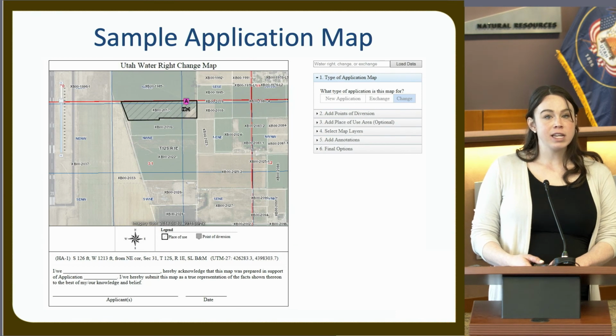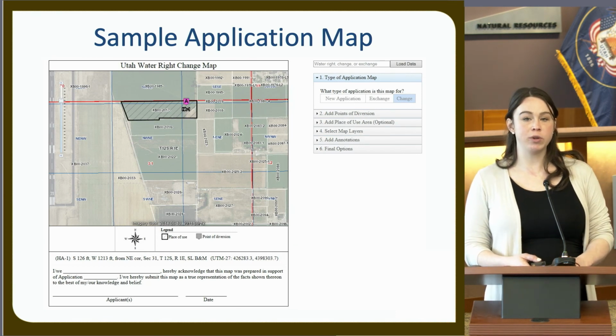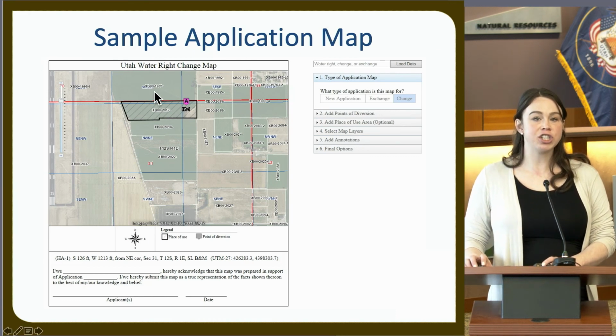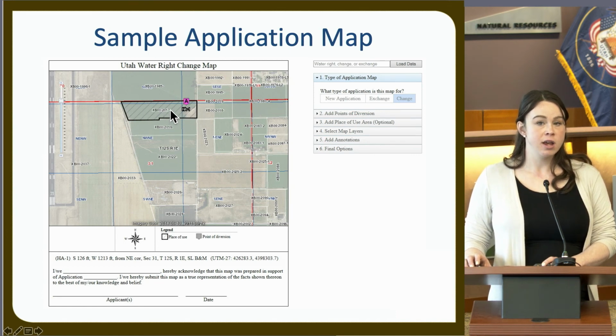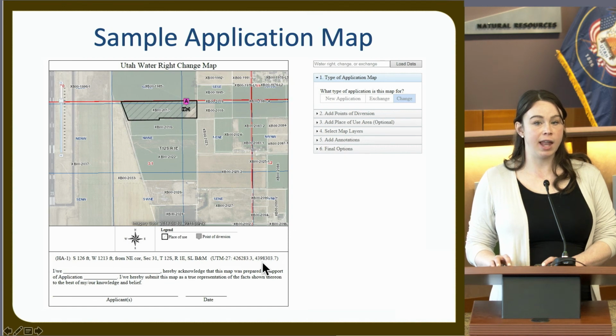So this is a sample of what it'll look like when you are on our mapping wizard. I'll point some things out: this hatched area is actually the parcel that this individual has shown as their place of use. This pink point is their point of diversion. If you go down here, it will populate with the PLS location of that point of diversion.